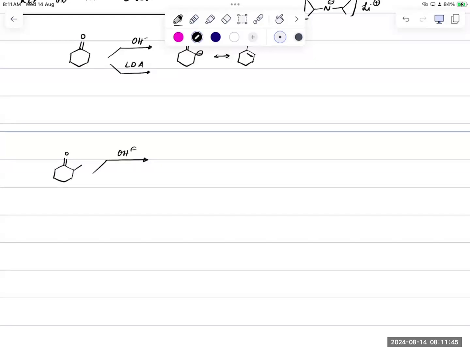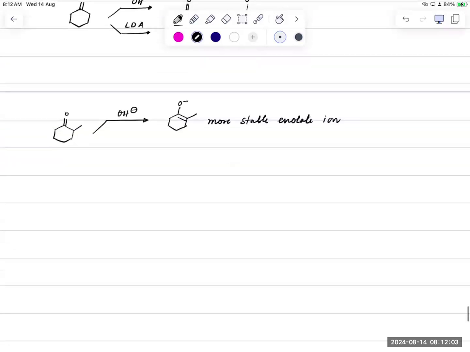Or if at all we have any difference here, like a methyl is given here, OH minus, which is a normal base, a simple base, will always go for the more stable enolate ion like this, O minus and this. This is the more stable enolate ion. While if you take LDA, then it will always go on to the more stable carbanion.